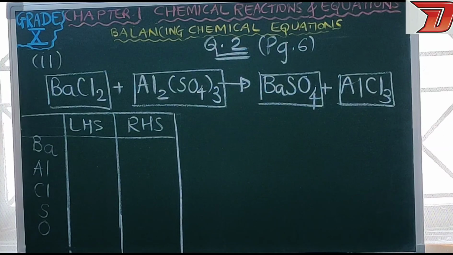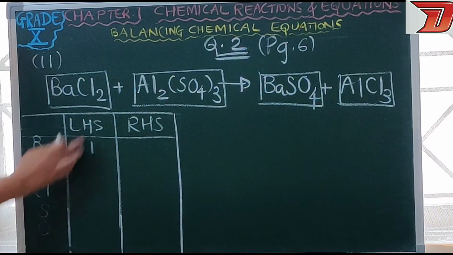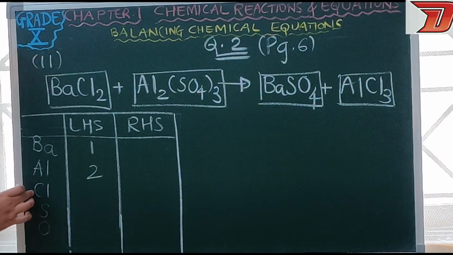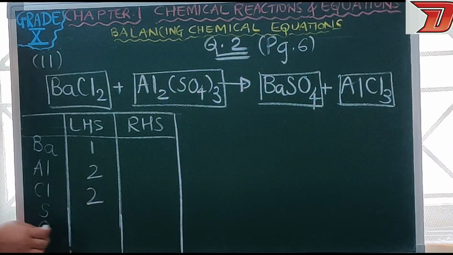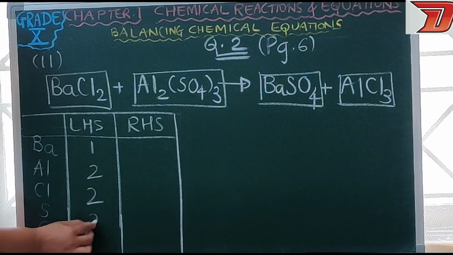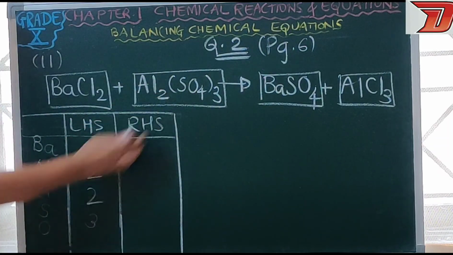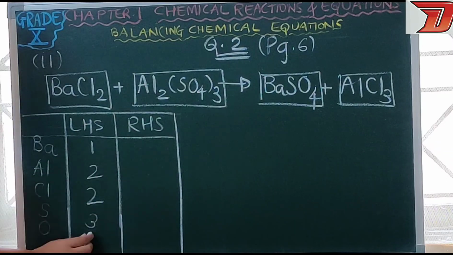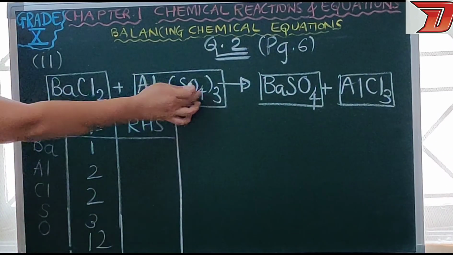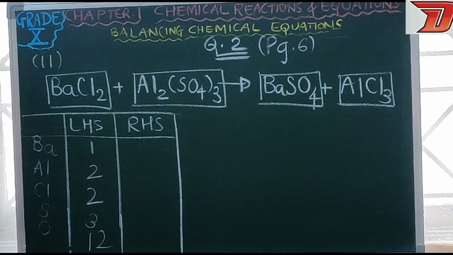Fine. Now to the left, barium only 1 is there, aluminum 2 are there, chlorine 2, sulfur 3. If you see this, 3 sulfur and oxygen will be 4 3s are 12. Don't make it 4 plus 3, 7. Is this clear?